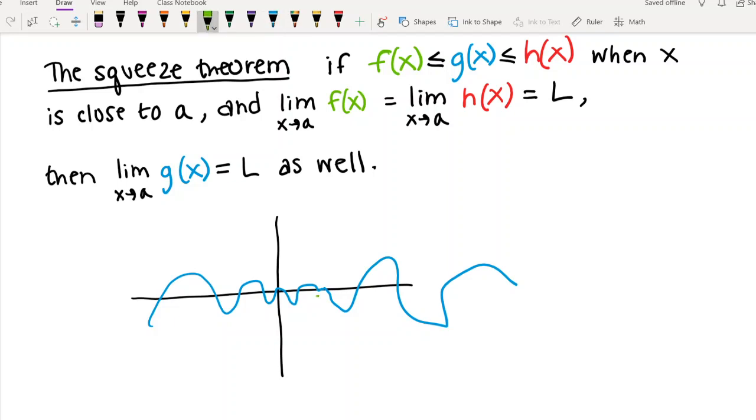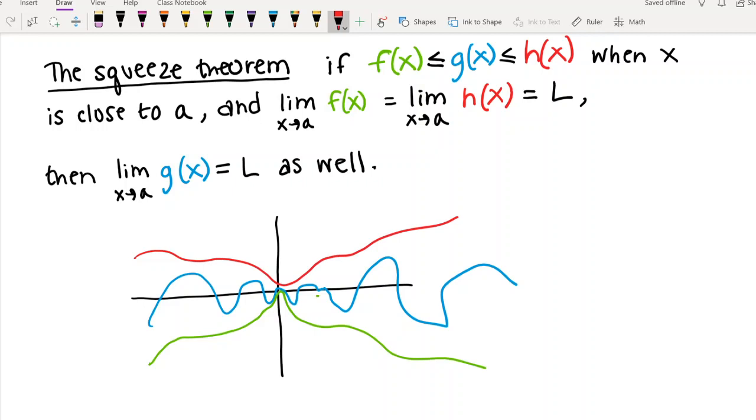I'll do it like this. So let's say this function is above, or sorry, this is backwards. My color coding is wrong. So f of x is supposed to be the function below. Sorry about that. So let's say you have this function that's below, and then you have this function that is above.